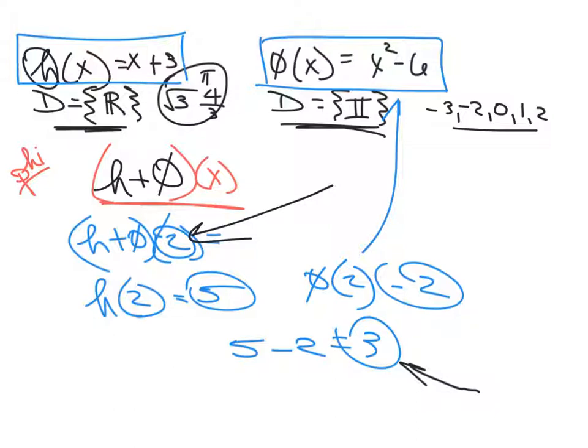Alright, let's look at the second example here, 102.2, and they give us h of x equals x plus 3, and they give me a domain of real numbers.